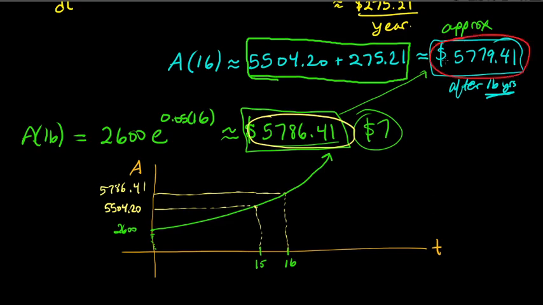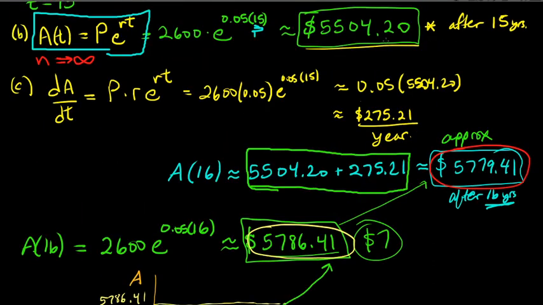I got it from knowing what you got after 15 years, and then I got the rate of change, meaning at this moment, at 15 years, we expect our money to grow $275 per year. So I just added 275 times 1 year. If I want to know what's after 2 years, I'd have to multiply this by 2, or 3 years, multiply it by 3, and so on. But we just did 1 year later, to t equals 16 years.